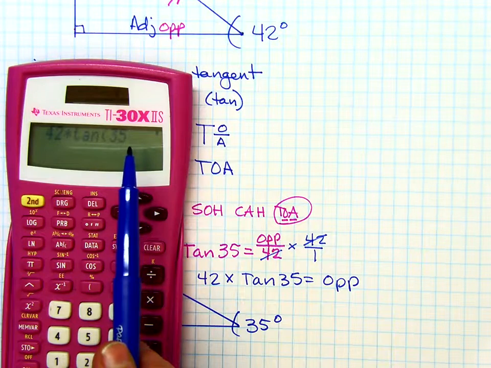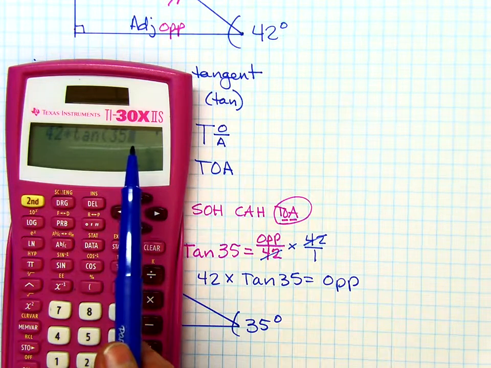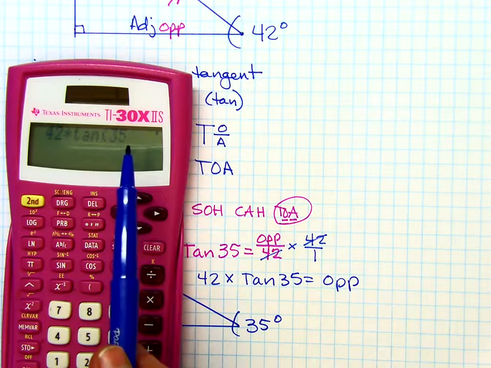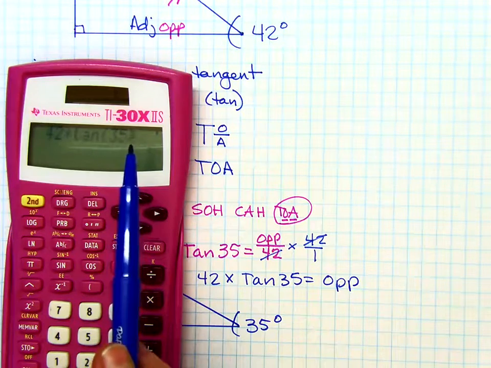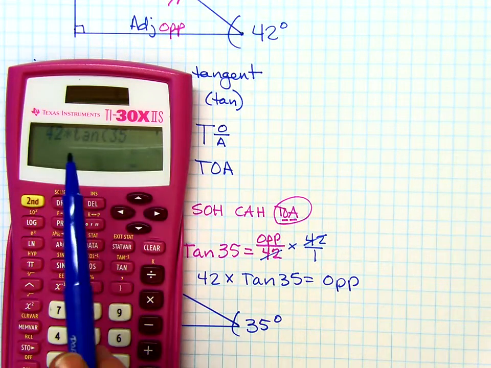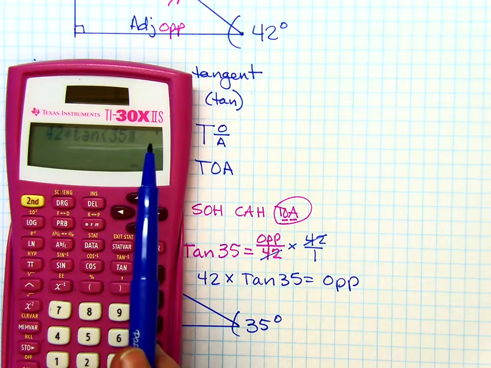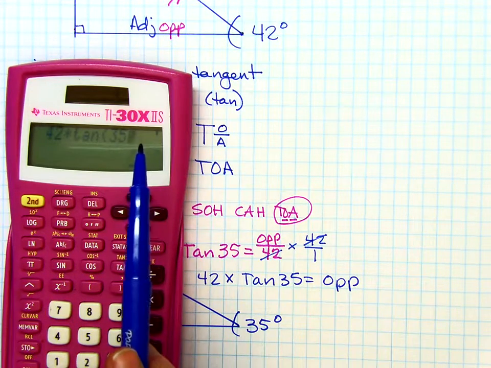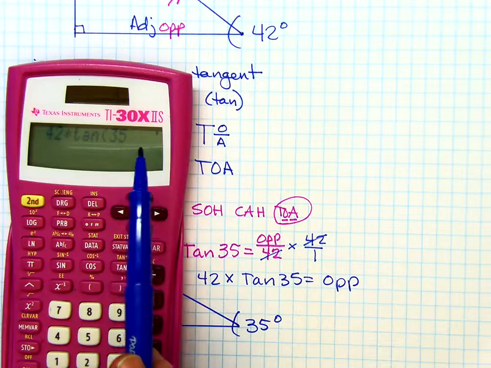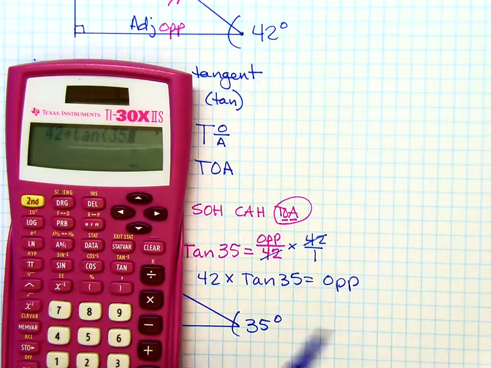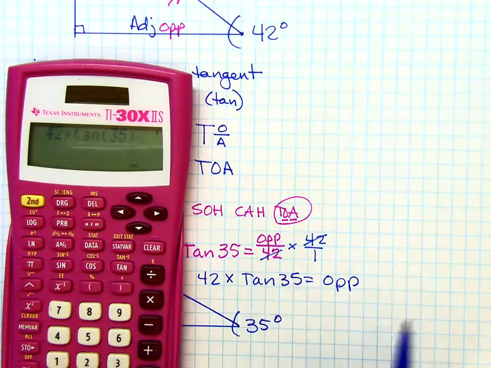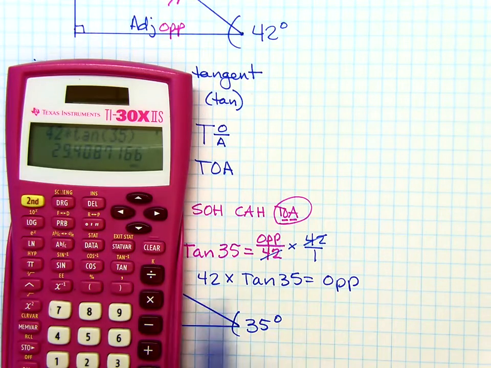You don't have to put a closing parentheses. You can if you want. You would have to, however, put the closing parentheses if you did tan 35 first and then multiplied it to 42. If you didn't, you would get a different answer, and so in that case you would want to do that. So you can if you want, you don't have to if it's inserted like this.